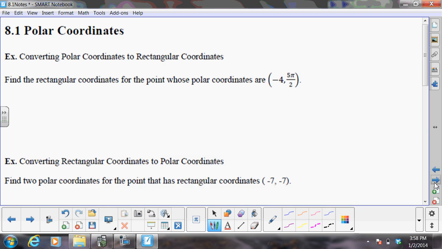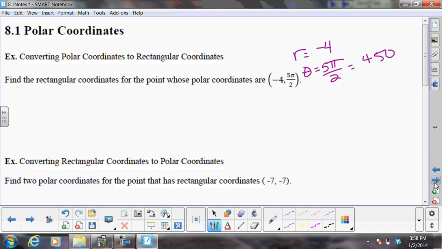So find the rectangular coordinates for those polar coordinates. We're going to do it again. Our r value is negative 4. Theta, 5 pi over 2. 5 pi over 2 is 450 in degrees, because 90 times 5 is 450.